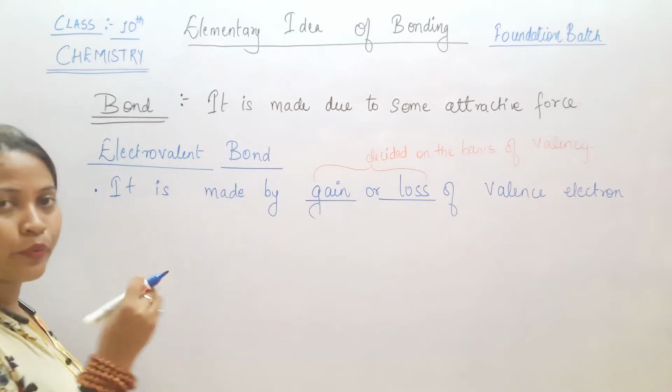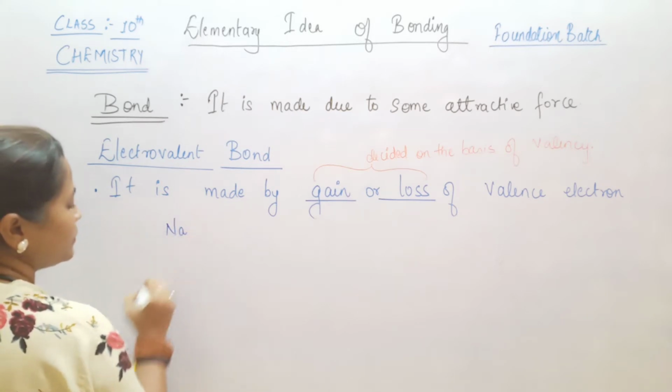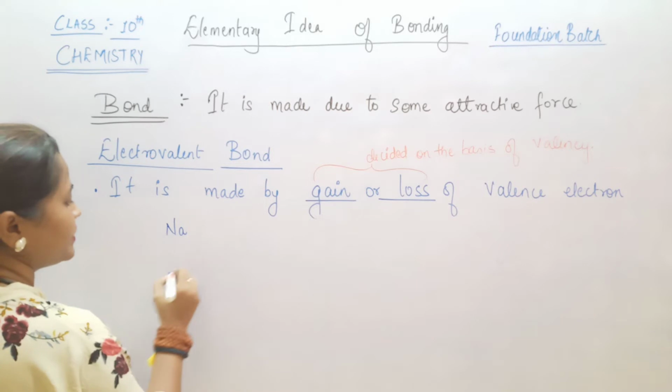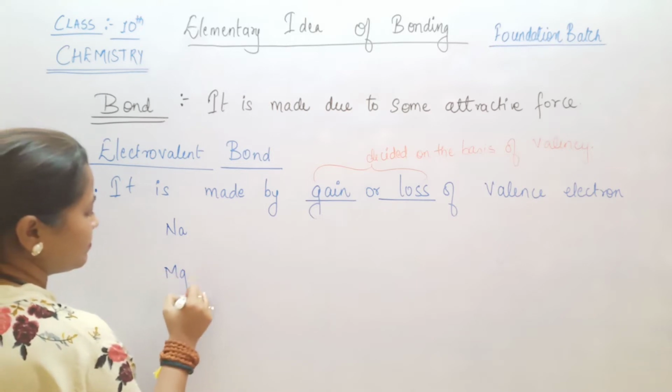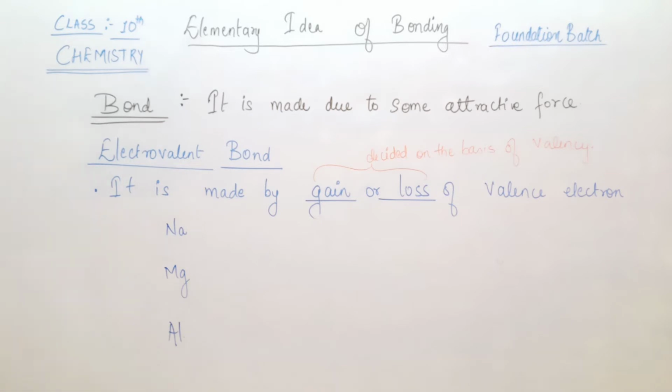Let's take few atoms, ठीक है, of metal, for example sodium, magnesium, aluminium. See, I am taking very ideal metal atoms so that it will be very easy for you to remember these points.